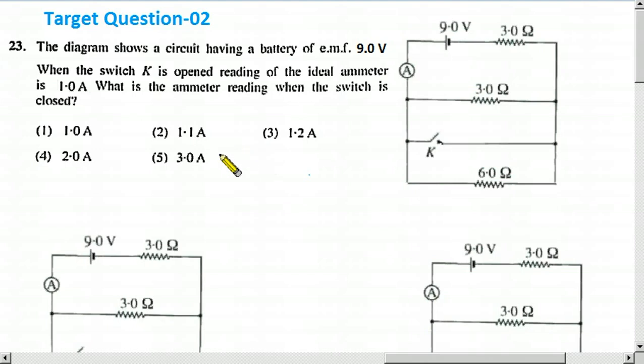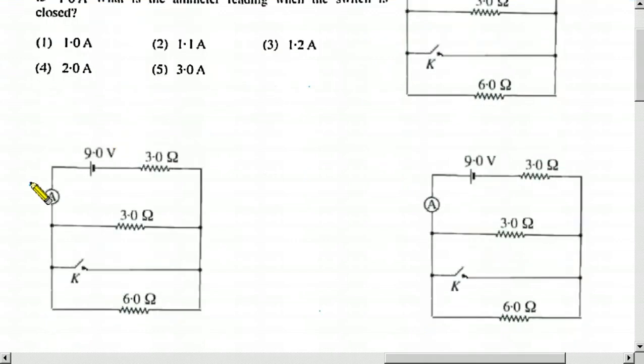So what they say at the beginning, when the switch K is opened, the reading of the ideal ammeter is 1 ampere. So here 1 ampere flows. The switch is open, then this part is not useful. Let's delete it.